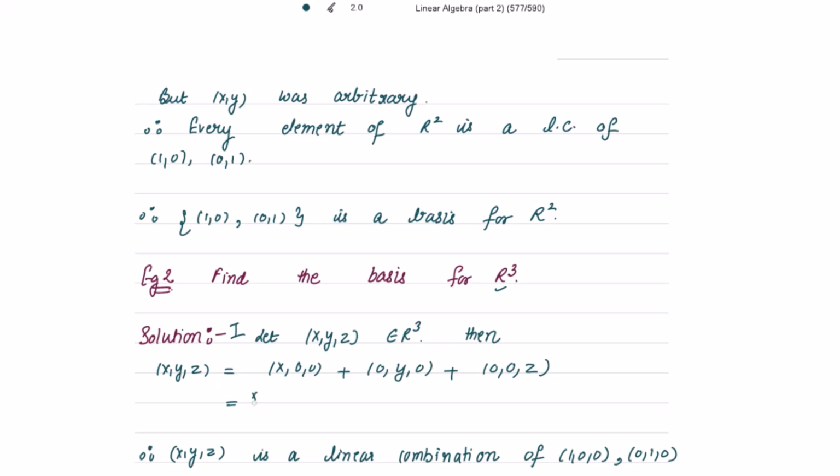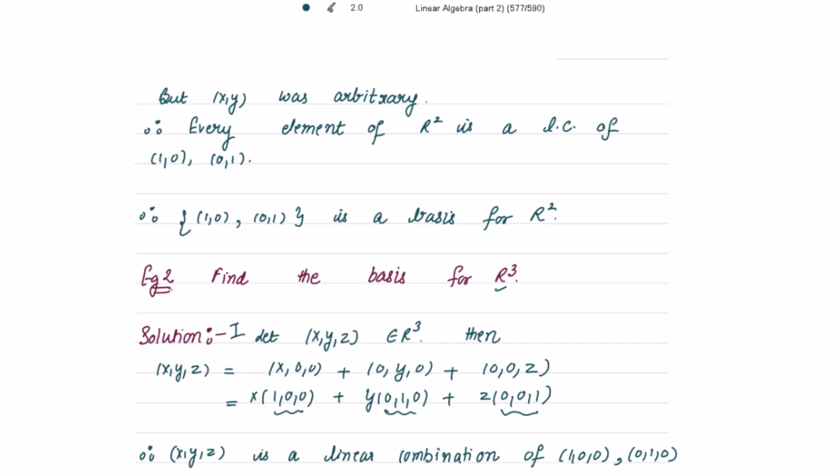Now taking x common, and then y, and then z, I get that this vector is a linear combination of (1, 0, 0), (0, 1, 0) and (0, 0, 1). And all these vectors belong to R3, isn't it?